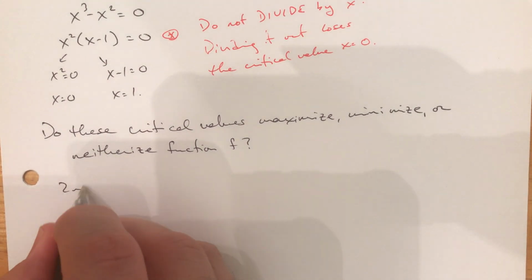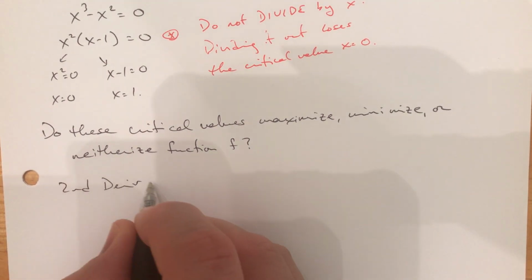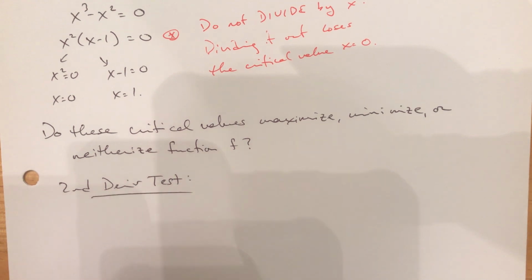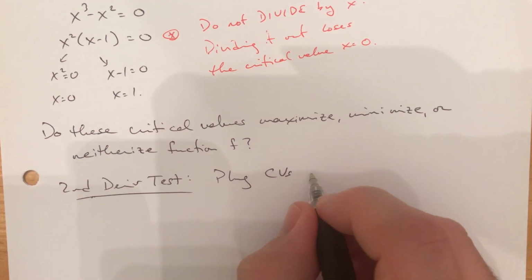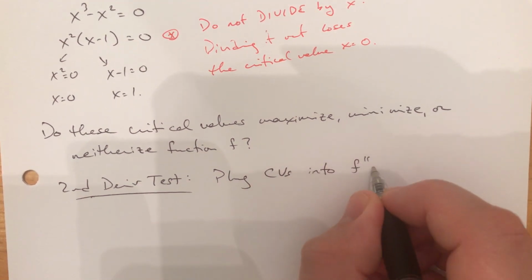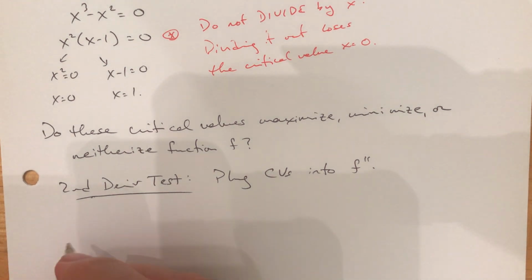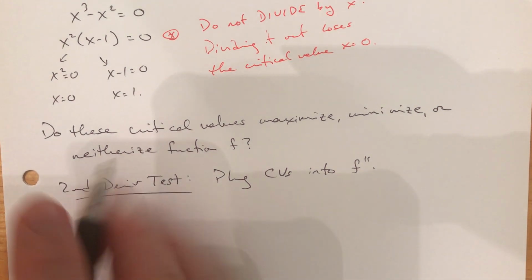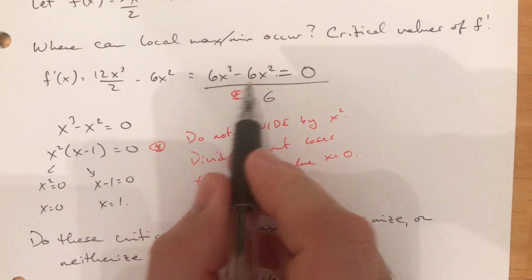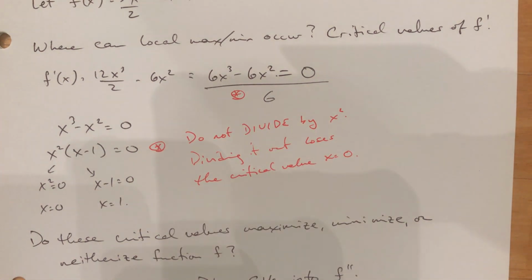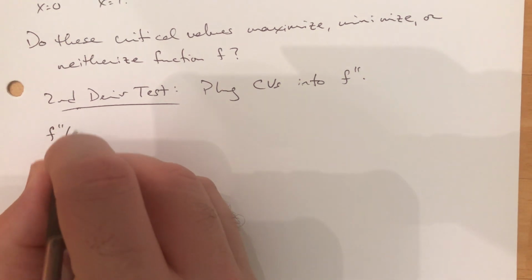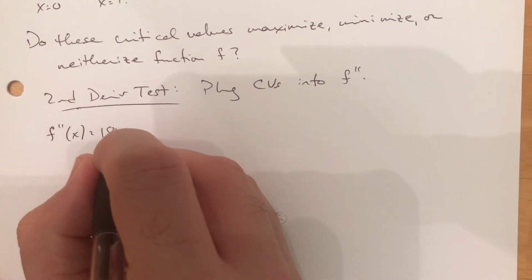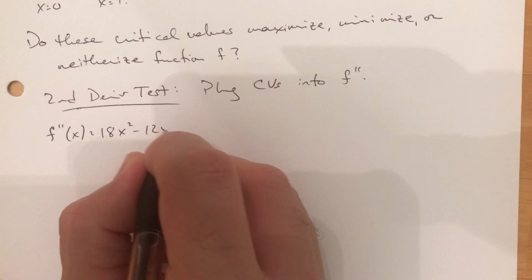And so the second derivative test is going to help us out here. We're going to plug our critical values into f double prime. F prime is 6x cubed minus 6x squared. We find the second derivative, again, as baby stuff, as 18x squared minus 12x.